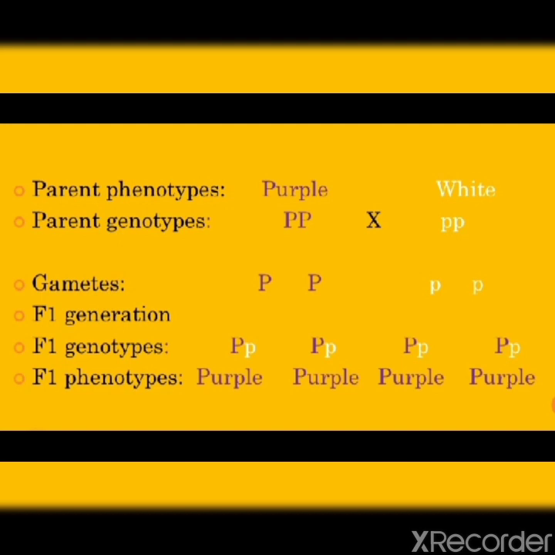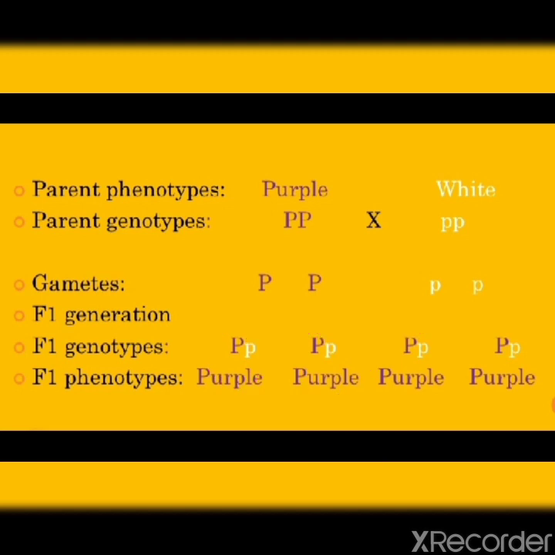The possible combinations of offsprings we can get in the F1 generation: capital P, small p; capital P, small p. Clear? Capital P, small p; capital P, small p.